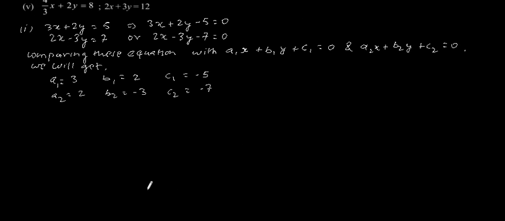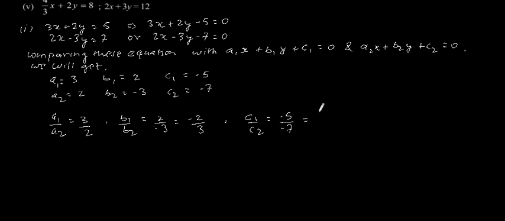Now we will find out a1 by a2, which is equal to 3 by 2, b1 by b2 is equal to 2 by minus 3, or we can write minus 2 by 3. c1 by c2 is equal to minus 5 by minus 7, which is equal to 5 by 7.